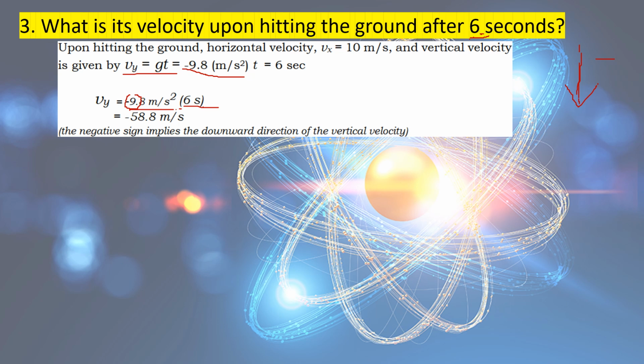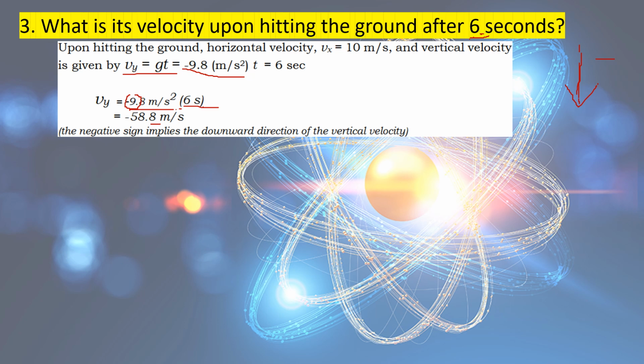Next, multiply negative 9.8 by 6. So negative 9.8 times 6 is 58.8 meters per second. Then copy the negative sign because they have different signs. 9.8 is negative and 6 is positive. To multiply numbers having unlike signs, the product must be negative.